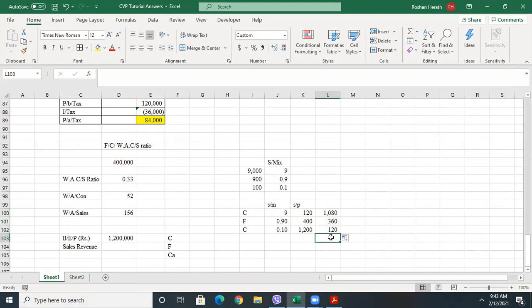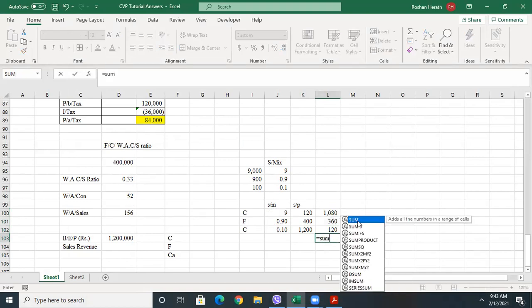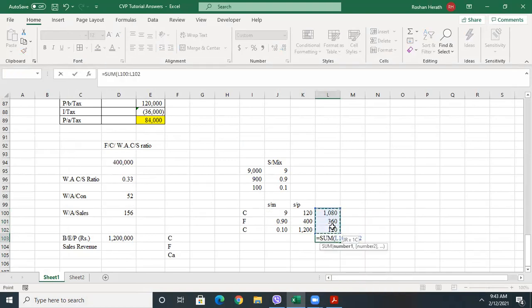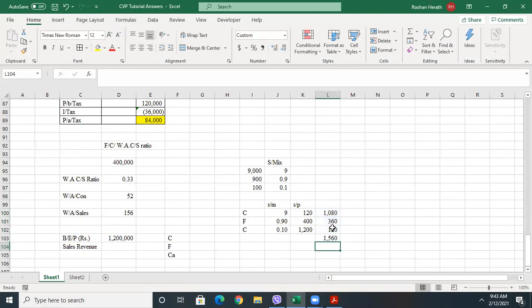Right. So if you take the total, this is it. එතකොට දැන් පුතාලා අපිට ratio එකක් work out කරගන්න පුළුවන්. එතකොට 1560ක sales වලින් 1080ක් represent කරනවා C එක. ඒ කියන්නේ ප්‍රතිශතයක් විදිහට 69%. එතකොට මෙතන 360 represent කරනවා 1560.